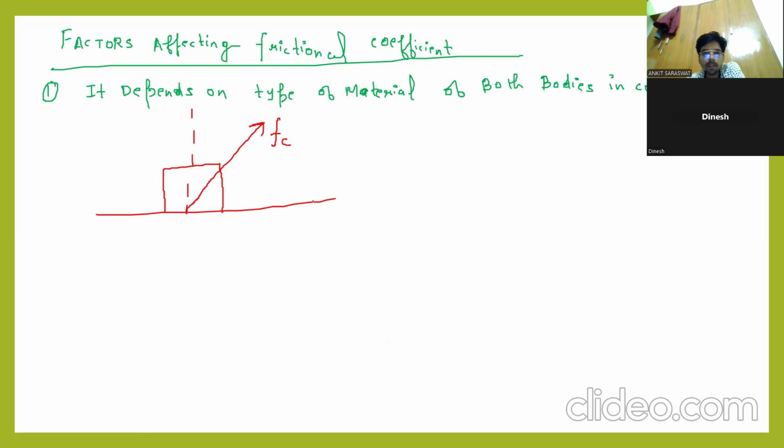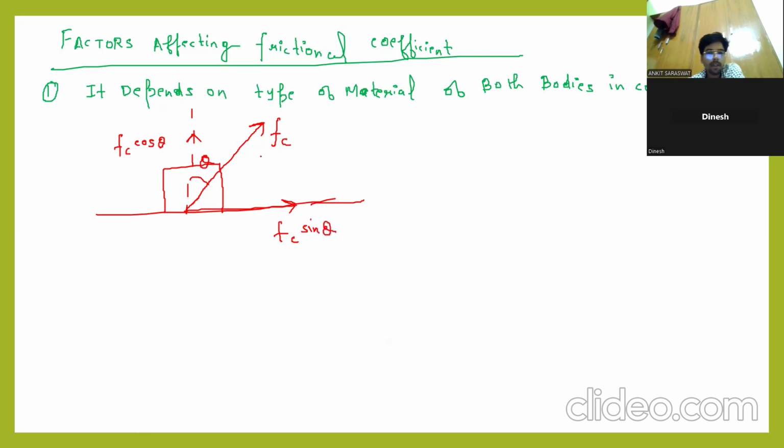This is X, Y, okay? This is, let us suppose, theta. There, the component of this will be FC cos theta. And the other component, like this, FC sin theta.